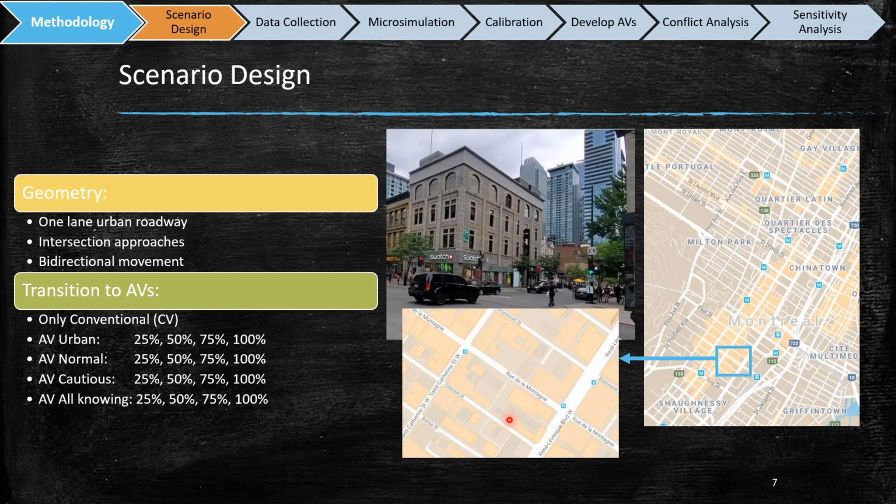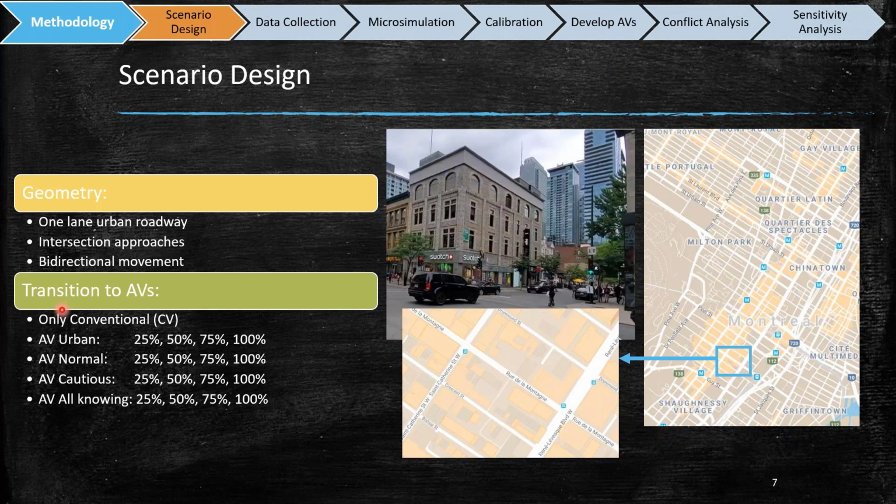On both ends of the street, we have major intersections, which makes it a more real urban roadway. As you see, in all of downtown Montreal we have grid-shaped roads, and it's a similar condition to this road.